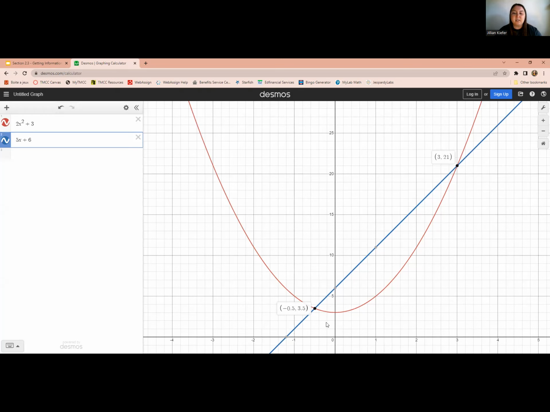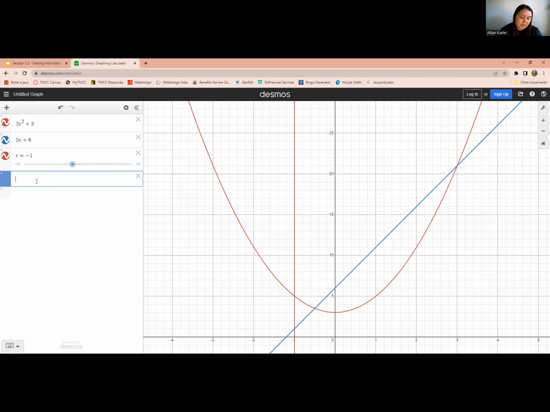So what does this mean? Outside of this interval right here is probably going to be the opposite. We see the red graph being above the blue graph on the outside of those values. Let's put some more vertical lines here to represent this a little bit better. Let's put it at x equals -1 and x equals 3.5.